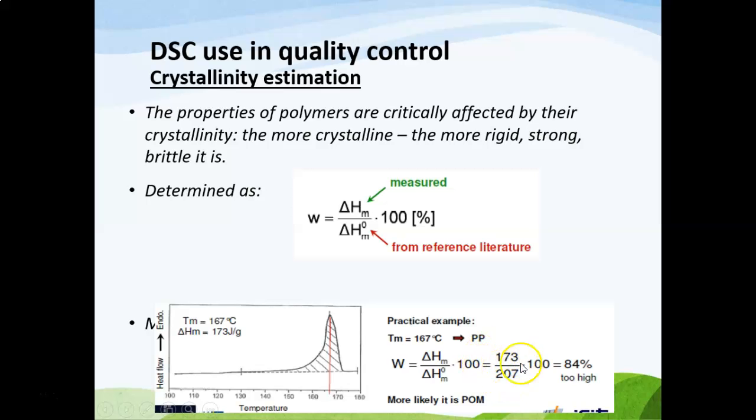So just divide 173 joule per gram by 207, times 100, and we get the percentage of crystallinity of PP measured on the graph, which is 84%, a highly crystalline polymer. So more likely it is a POM material.